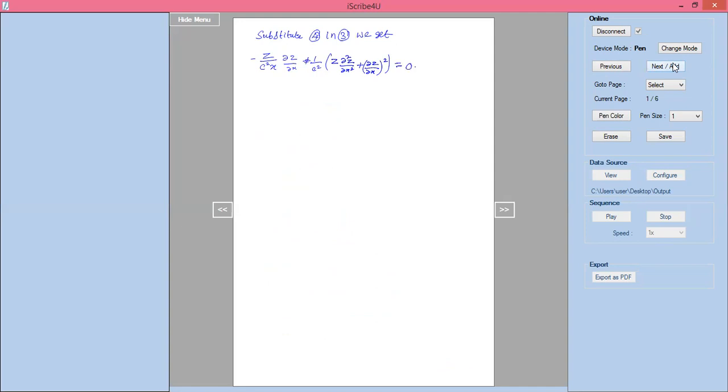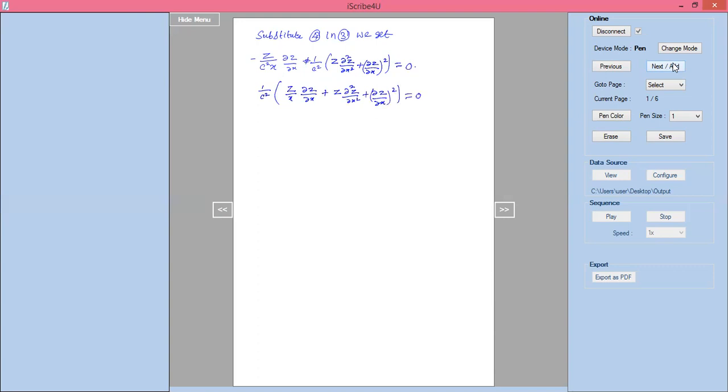Now I can take 1 by c square common throughout. So z by x into dou z by dou x plus z into dou square z by dou x square plus dou z by dou x whole square equal to 0.